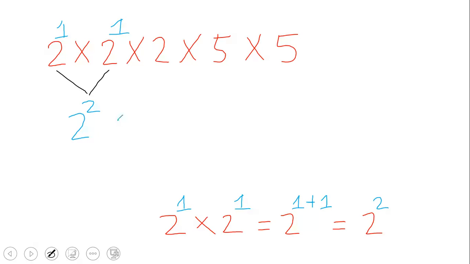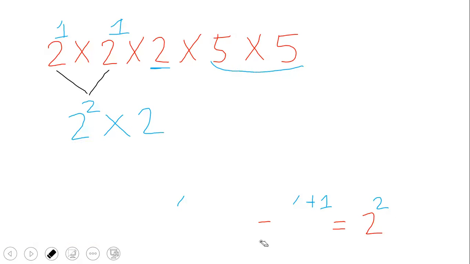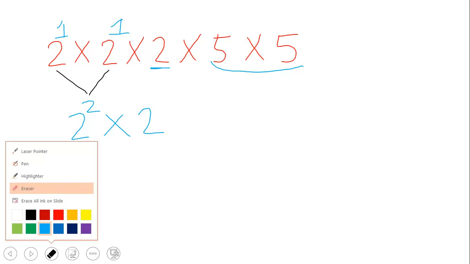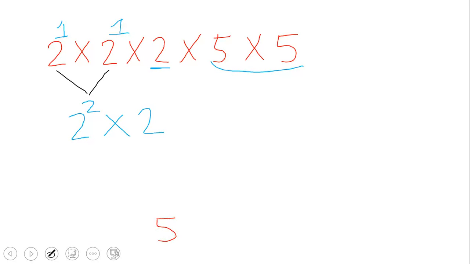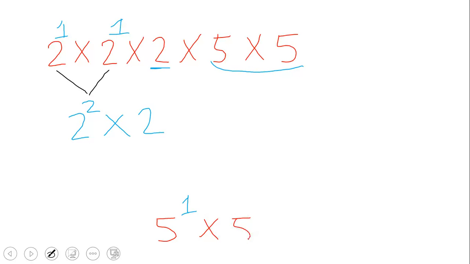Next, we have another 2 here, and we're going to write that down. And notice that we have these 2 5s. So let's do the same thing we did. We're going to say 5 to the power of 1, times 5 raised to the power of 1.